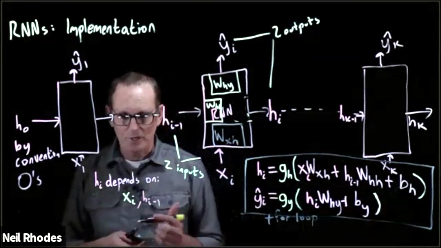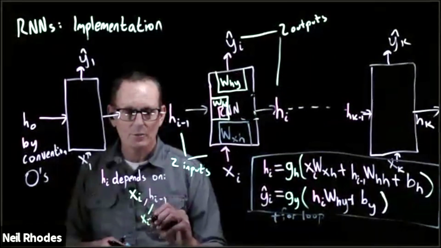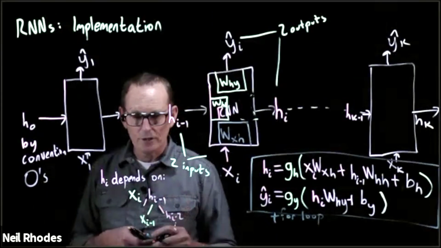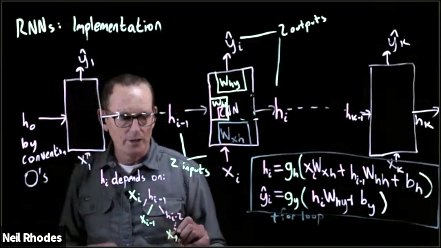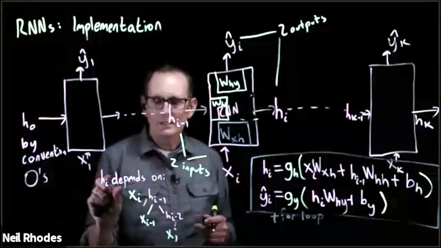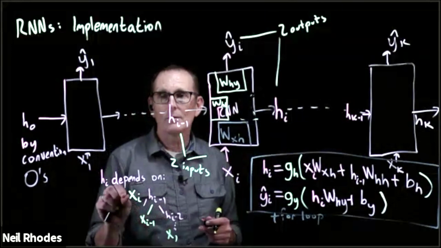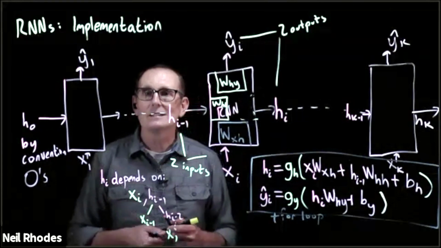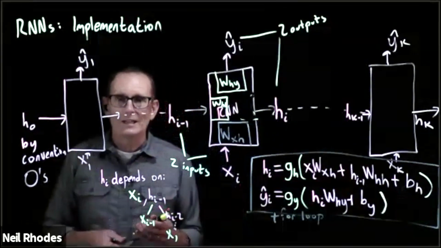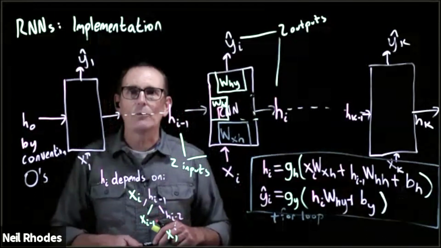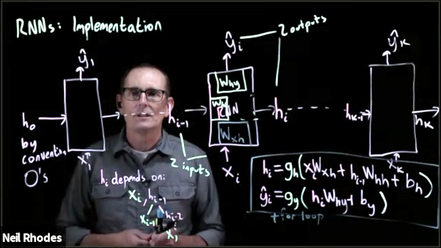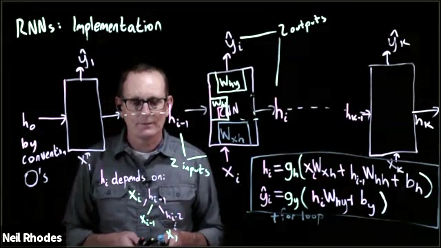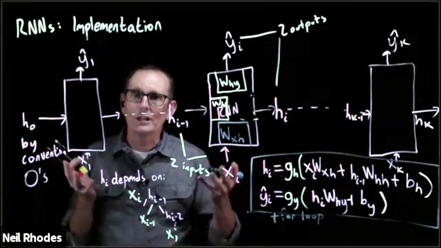What does h sub i minus 1 depend on? x sub i minus 1 and h sub i minus 2. And this goes all the way down until we get to x sub 1. So h sub i depends on x1, x2, x3, all the way up to x sub i. That's the idea of the history. The history, the memory, is just the fact that we have a formula that depends on all of the x's. So we can take into account all the x's. We have to hope now it'll train right to do that.